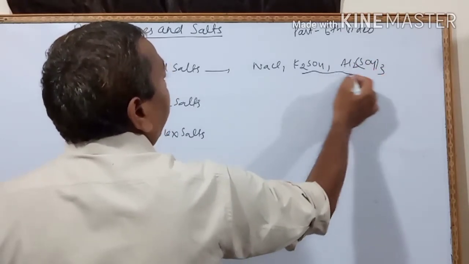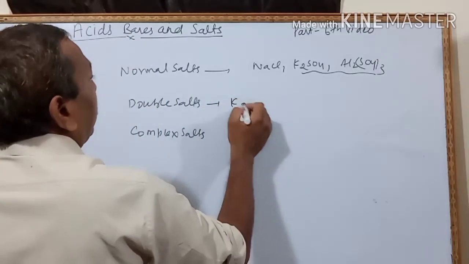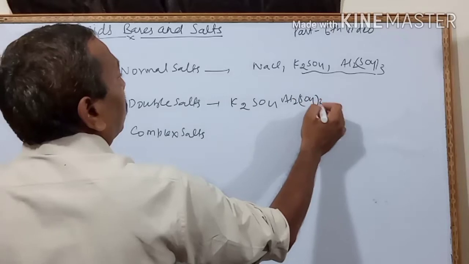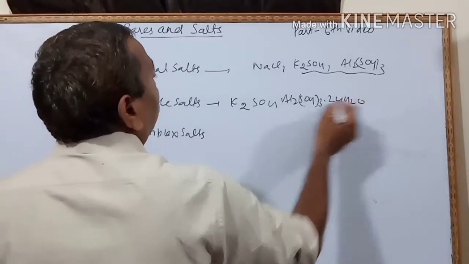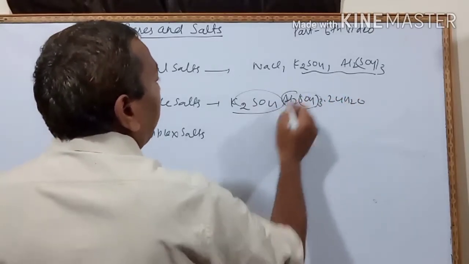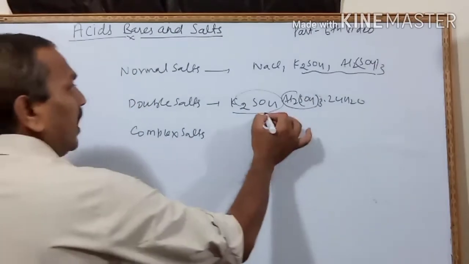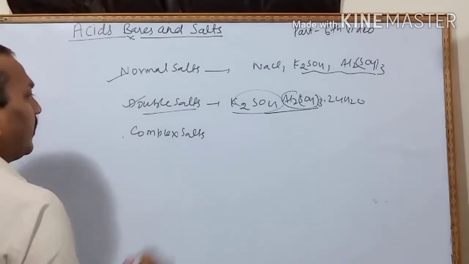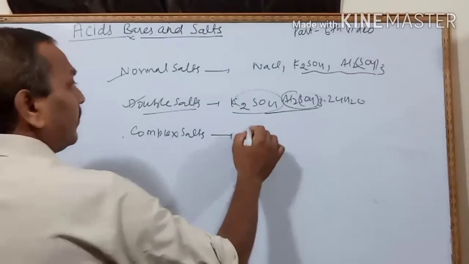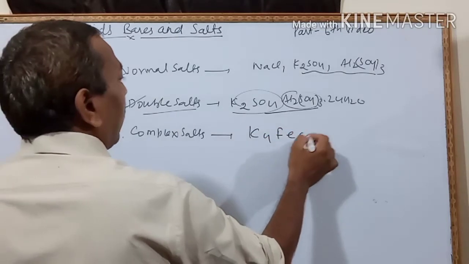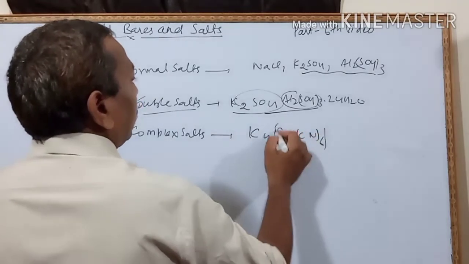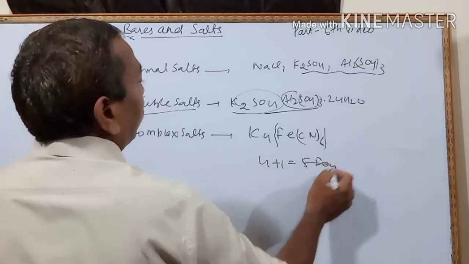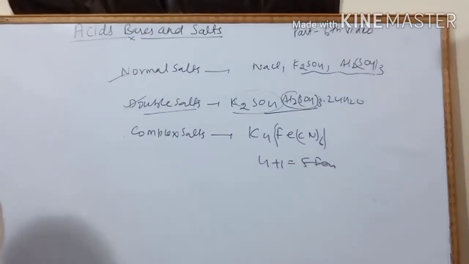If we combine K2SO4 and Al2(SO4)3 with 24H2O, these two simple salts added together form a crystal, and this is known as a double salt. Now a complex salt contains more ions, like K4[Fe(CN)6], which contains 4 plus 1, 5 ions in total. That is why it is known as a complex salt.